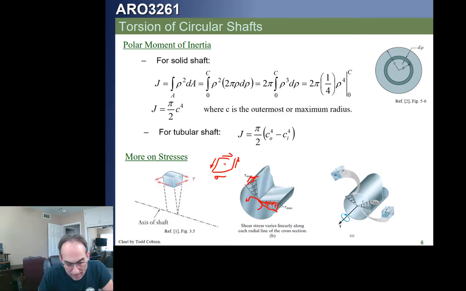Imagine this little element has a little width and a little thickness, and that's what we're drawing here. So if we have a twist like this, we can imagine those little elements. An element down lower will have a similar distribution, but it will be smaller, proportional to its radius position. Got it? Okay.